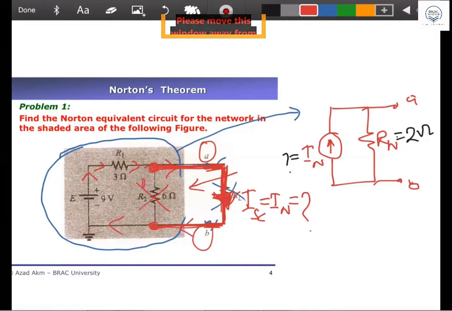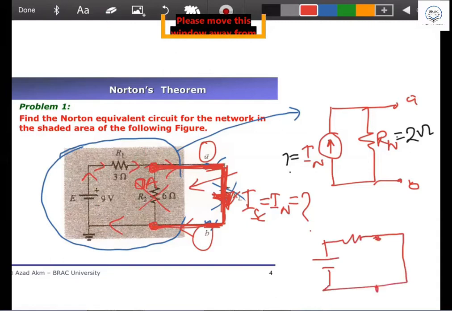No current will come through the 6 ohm resistor, 0 ampere, because the 6 ohm resistor is short circuited. So the current will go through the short path. No current will go through the 6 ohm resistor. Everybody understood? So the circuit is pretty much like this actually. Got my point now?